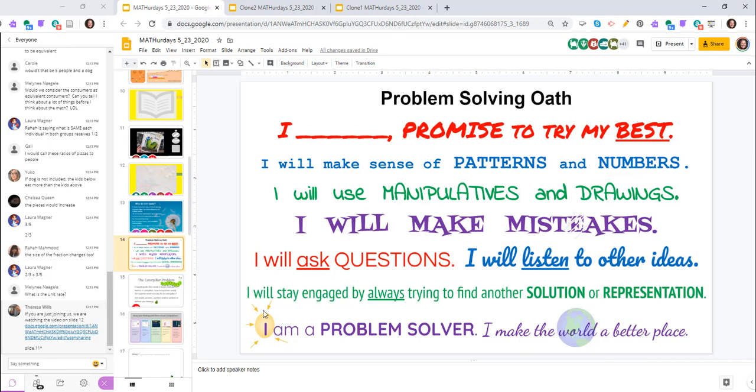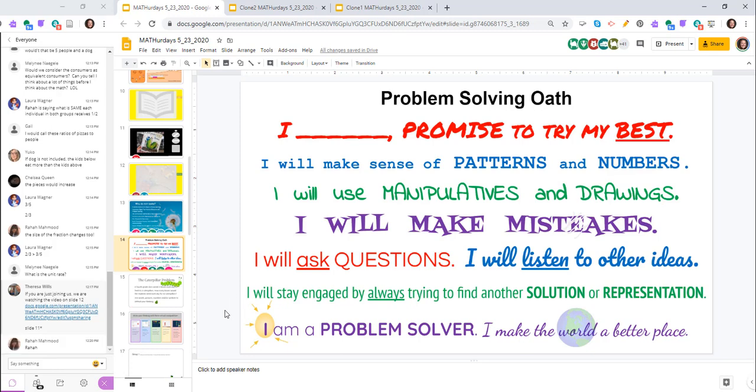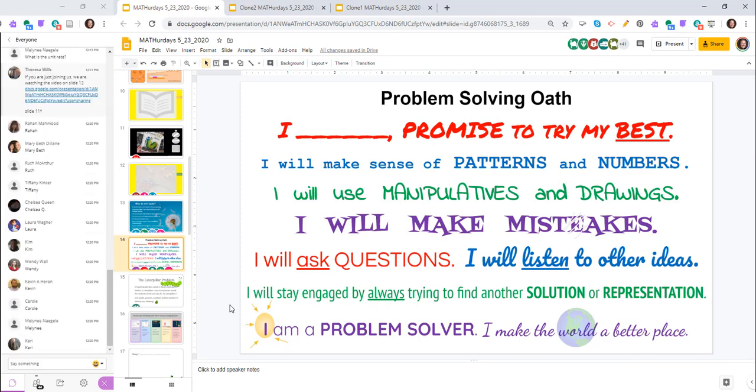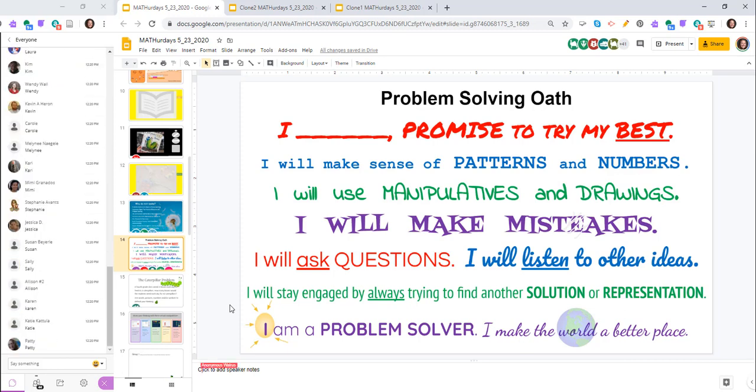On slide 14 is the problem-solving oath that I ask my students to pledge to every time they work on a task. If you pledge to this oath, go ahead and type your name in the chat box. Look at all these great problem solvers that are here today.